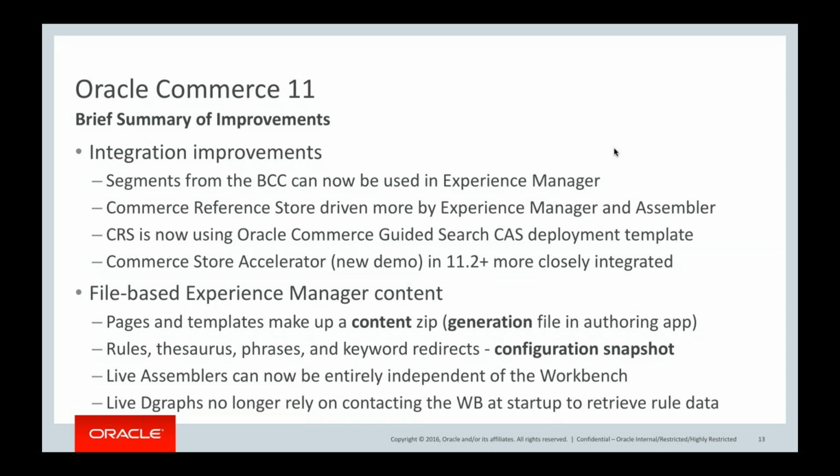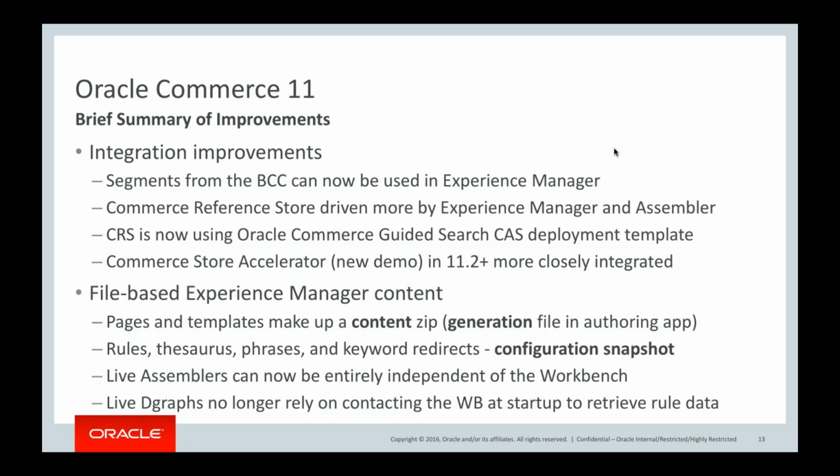So as with 3.x, we still have available the Commerce Reference Store, which uses Experience Manager. We also now have available the Commerce Store Accelerator, which is more tightly knitted with the ATG and Endeca integration. We've moved away from a huge change here. We moved away from this dependency of having to rely on tools and frameworks being up and running so we can get to the content in the ICR repository.